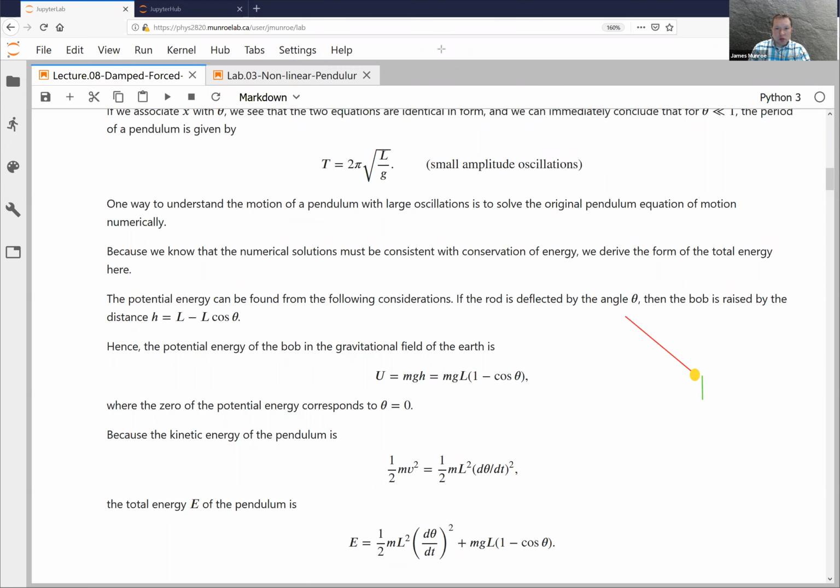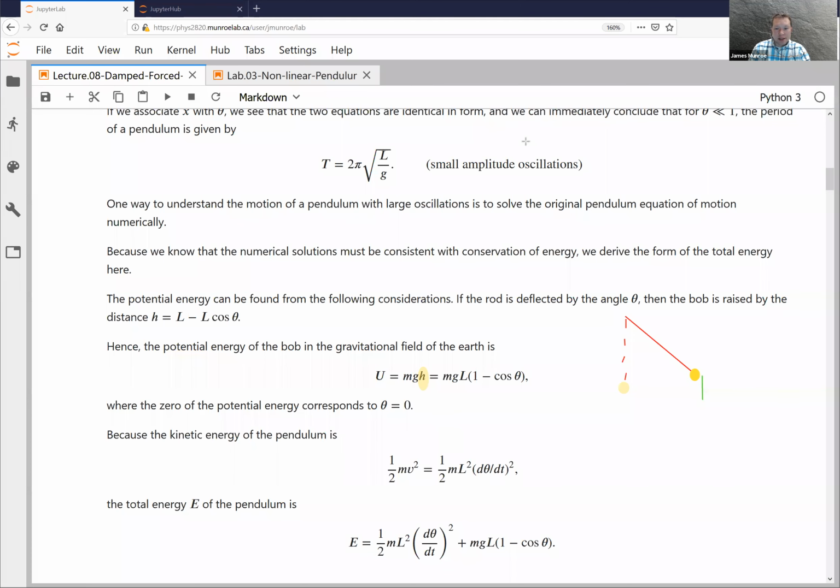If you can imagine drawing in what this pendulum would look like when it was resting below, that's where it would be in its equilibrium position. It's raised a height up. Well, that height it's being raised is a height h. mgh is the potential energy of a system.